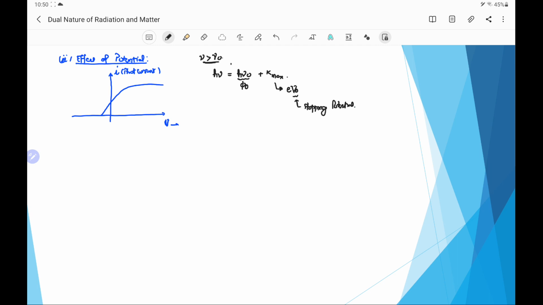Therefore, if the frequency of the incident photon is greater than the threshold frequency, then if applied voltage is 0, that is V equal to 0 between the collector and the emitter, some of the electrons have so much kinetic energy that they reach the collector. As we increase the potential V, more and more electrons reach the collector and increase the photocurrent.